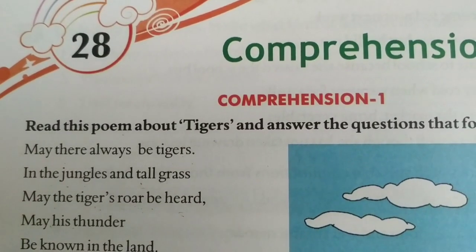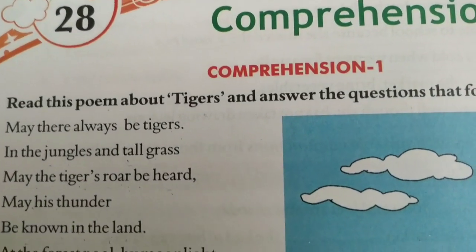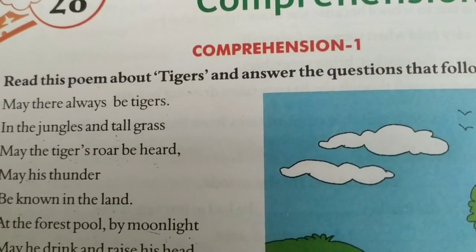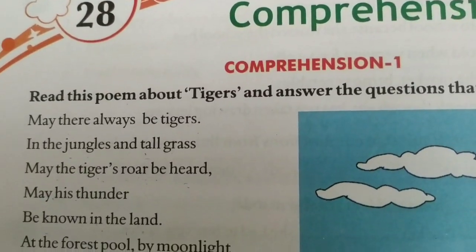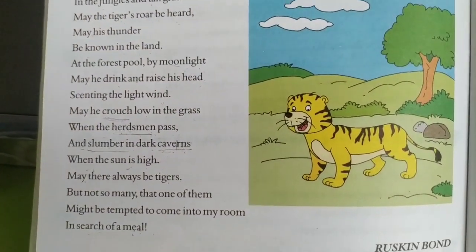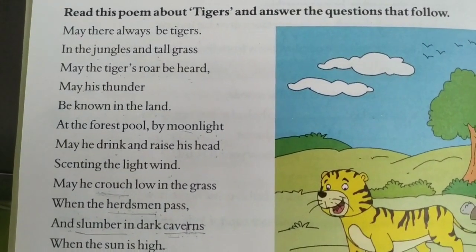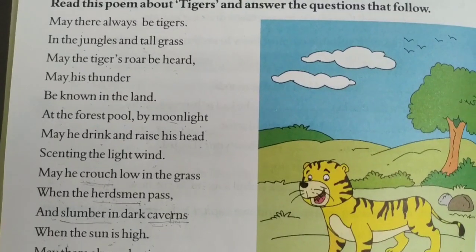Now this comprehension 1, this poem talks about the tigers, right? And this poem is written by Ruskin Bond. So let us read first and get the explanation, then we will work on this.